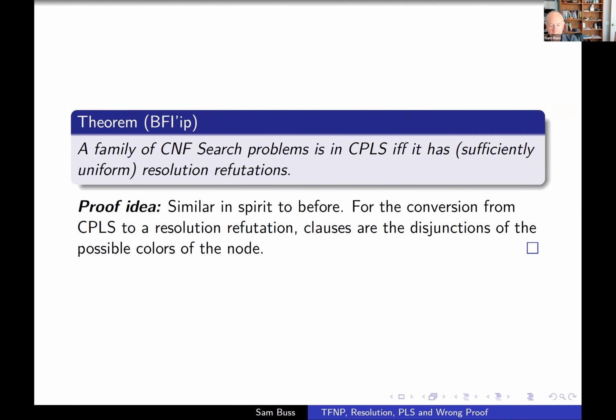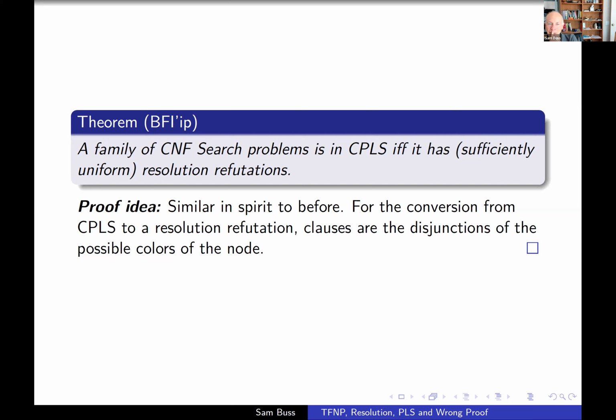And so the first thing here is that we have exactly the same theorem as before, pretty obvious. A family of CNF search problems is in CPLS if it has sufficiently uniform resolution refutations. And Neil and I probably need to talk about this offline. Neil said this for res log, but I think it's maybe more correct for res, but we'll get to that on the next slide.